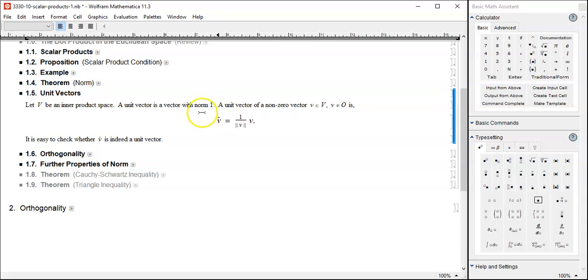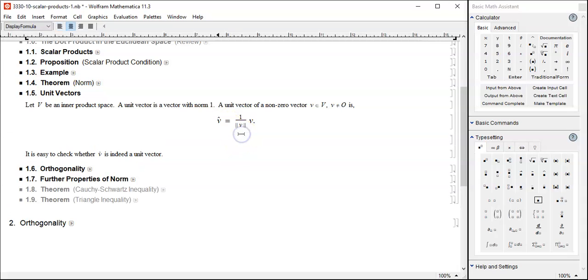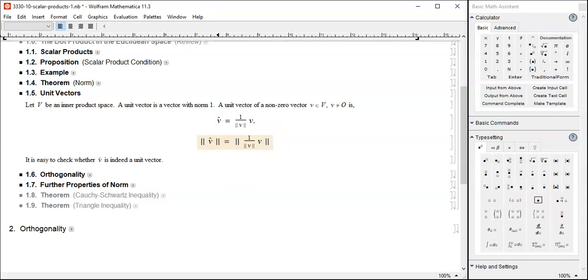A unit vector in the direction of v is nothing more than this. Just multiply by 1 over the norm of v, and then if I take the norm of this, what do we get? That's the norm of this, and this is a scalar, isn't it?